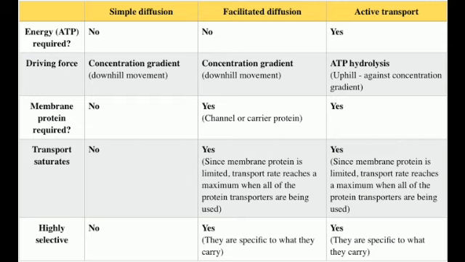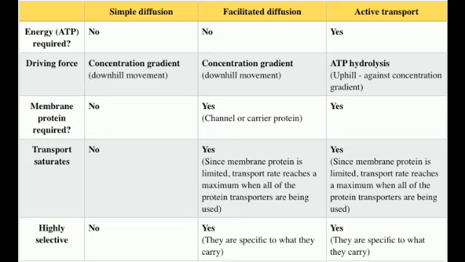Simple diffusion and facilitated diffusion are always according to the concentration gradient, meaning downhill movement, that is from high concentration region to low concentration region, whereas active transport is an uphill movement, meaning against the concentration gradient, that's why it requires ATP energy.